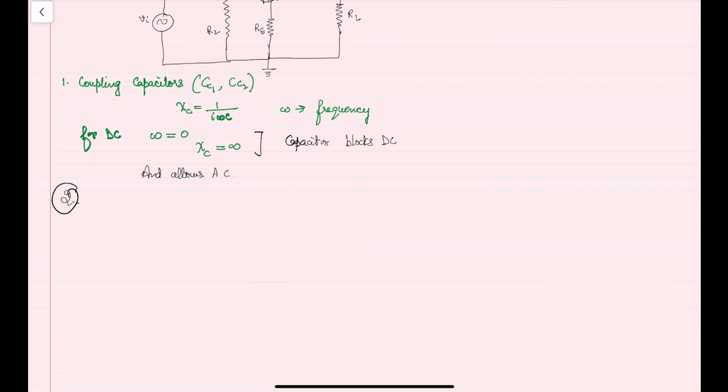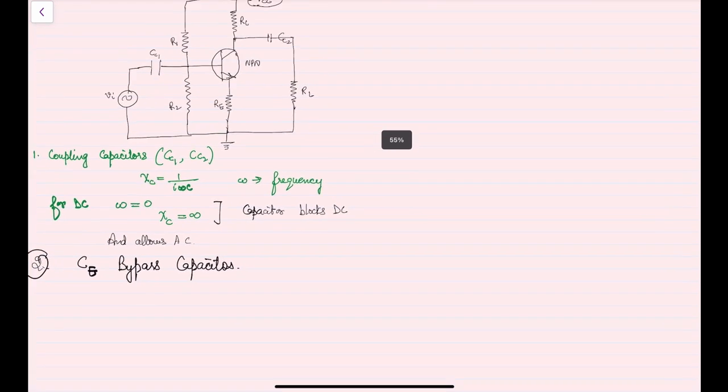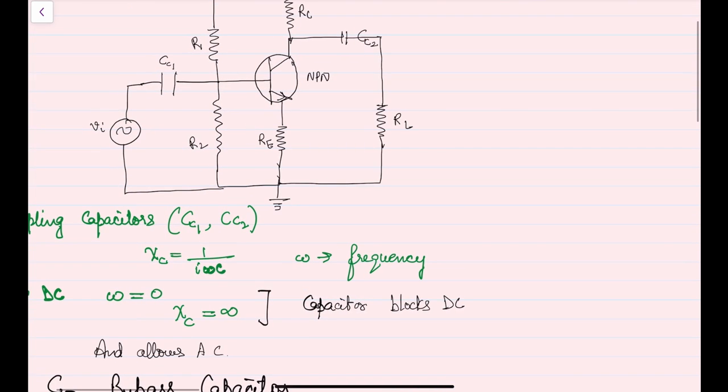The second component is CE, known as the bypass capacitor. This capacitor provides an alternative path for the emitter current. We can see here is the emitter current.